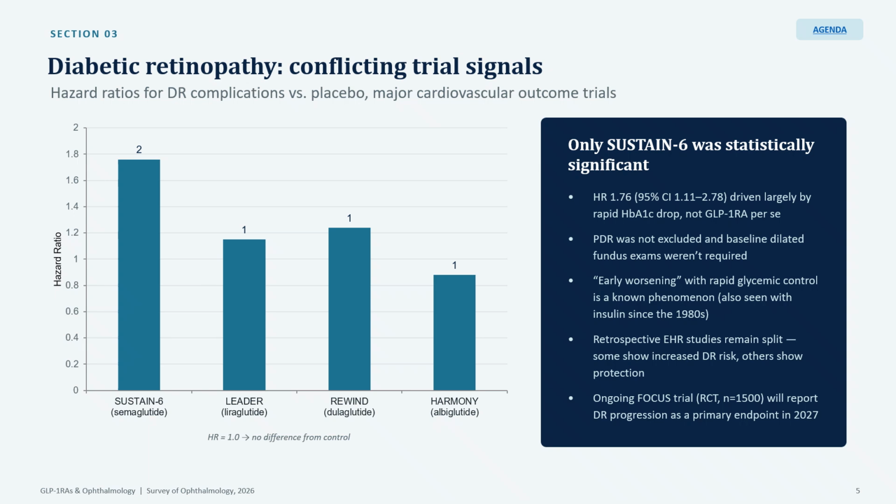The hazard ratio in this was close to 1.76 with a 95% confidence interval of 1.11 to 2.78. But there are certain limitations, like PDR was not excluded and baseline dilated fundus examinations weren't required. Early worsening with rapid glycemic control is a phenomenon which was also seen with insulin, so that could also be one risk factor.